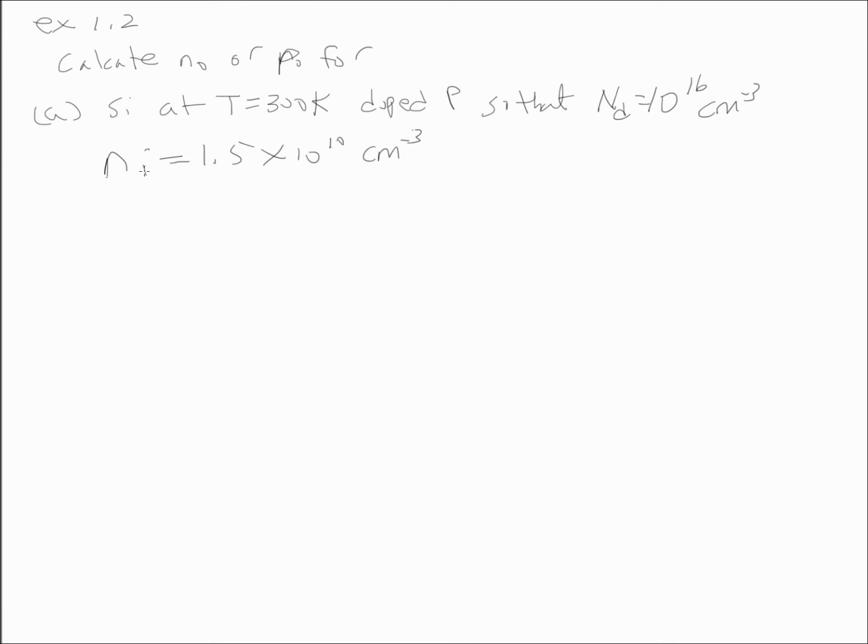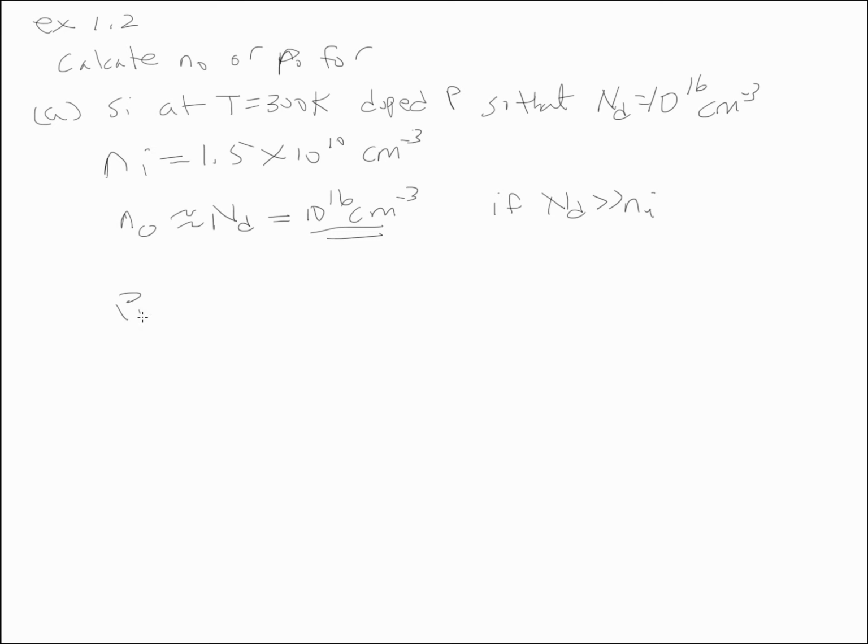And so we just say that your number of electrons at equilibrium is approximately equal to the number of donor atoms, which is 10 to the 16th per cubic centimeter. That was given. And again, that's if Nd is much, much greater than Ni, which it is. Ni is 10 to the 10th, and this is 10 to the 16th. So this is your n0 concentration.